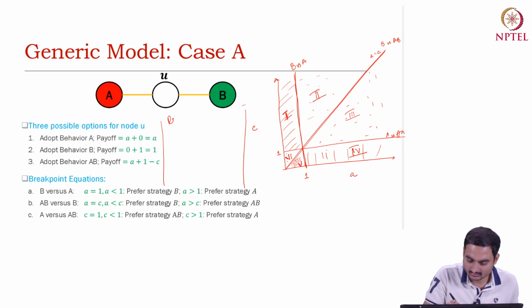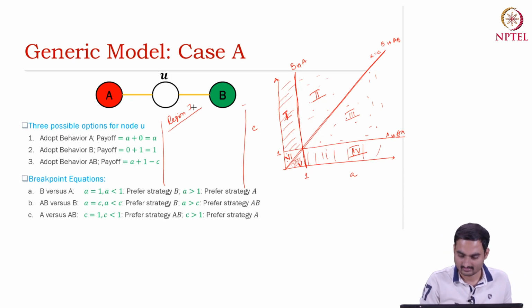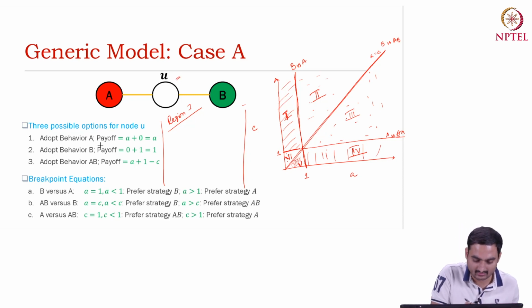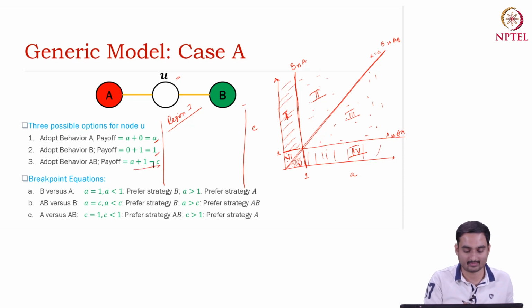If you are confused, draw it yourself, and you'll get it. Okay, region 1, and this is your setting. You know that if you adopt A, the payoff is this; adopt B, this; and payoff C. If you adopt AB, the payoff is this one.